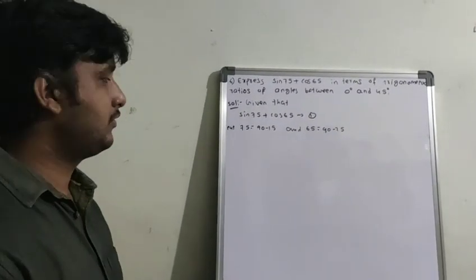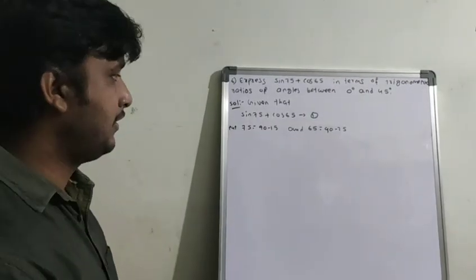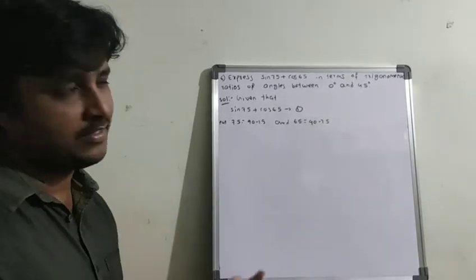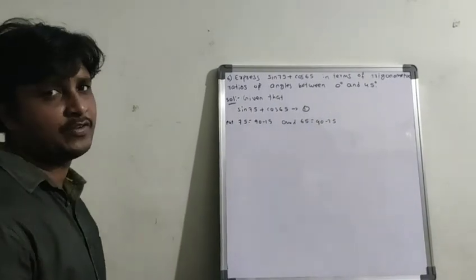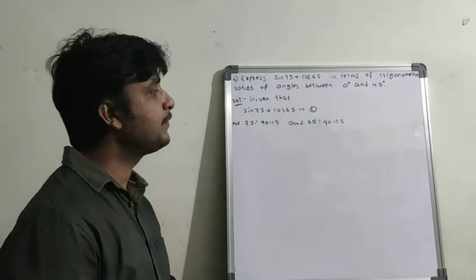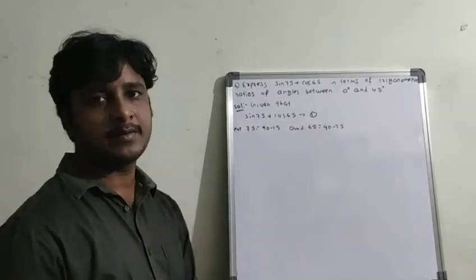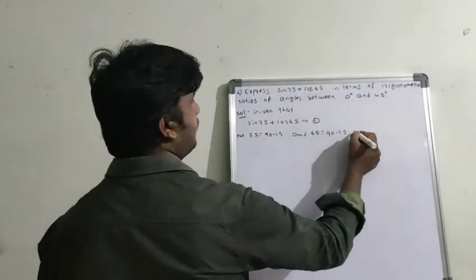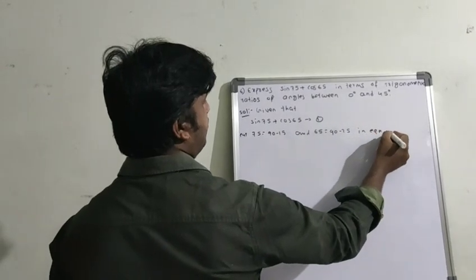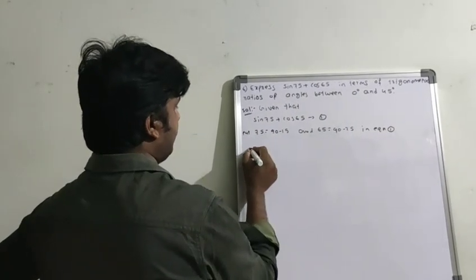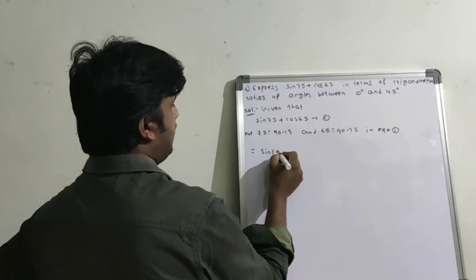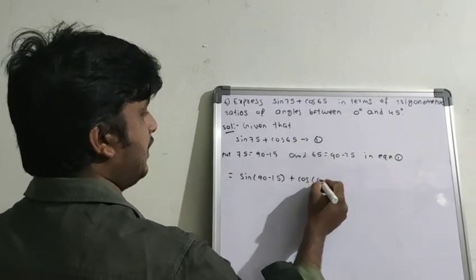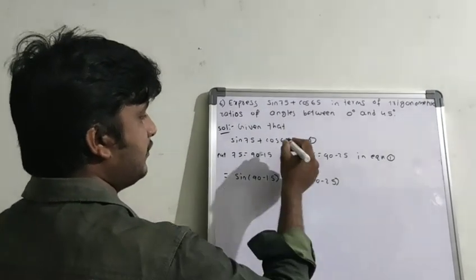How did I know? Simple basic mathematics skills. You have to identify 90 minus how much is 75, and 90 minus how much is 65. 90 minus 75 is 15, so 90 minus 15 equals 75. And 90 minus 65 is 25, so 90 minus 25 equals 65. So in equation 1, in the place of 75 I write sin (90 minus 15), plus cos (90 minus 25) in the place of 65.